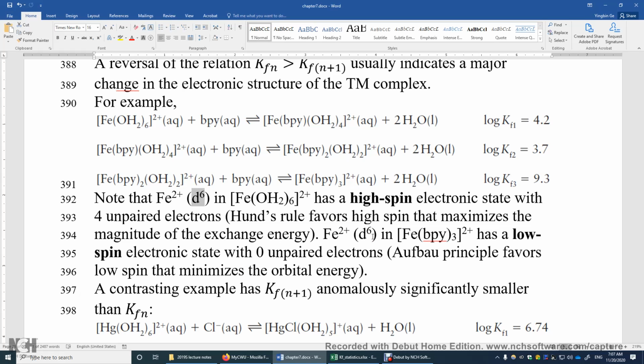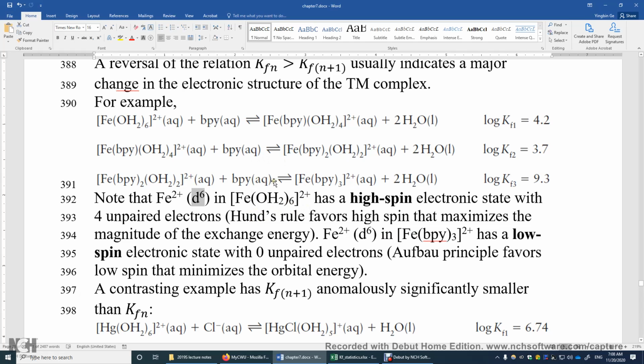Okay, we'll talk about the reason in depth why. In here, this is the high spin state, and in here, this is the low spin state. Again, this is because the splitting between the higher energy d orbitals, 2 of them, and the lower energy orbitals, 3 of them, is now much more significant than in the water cases.